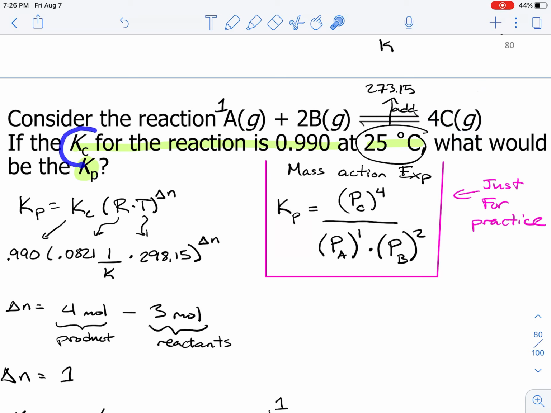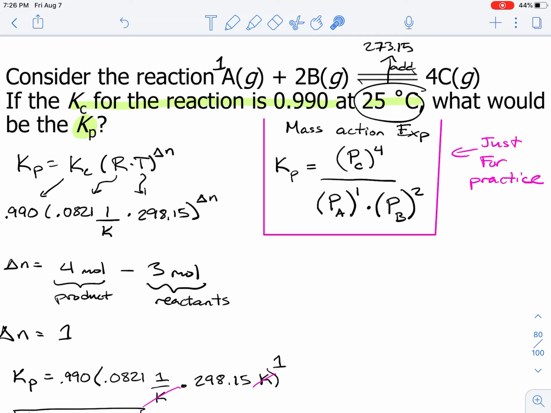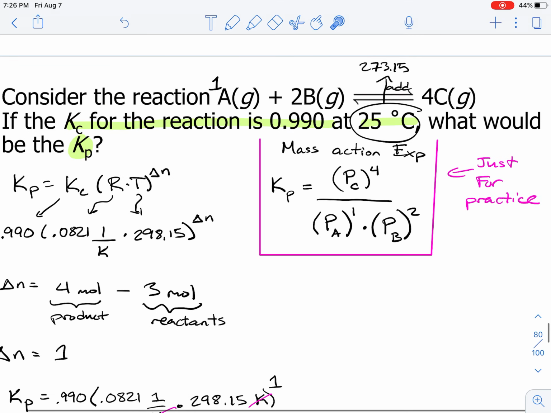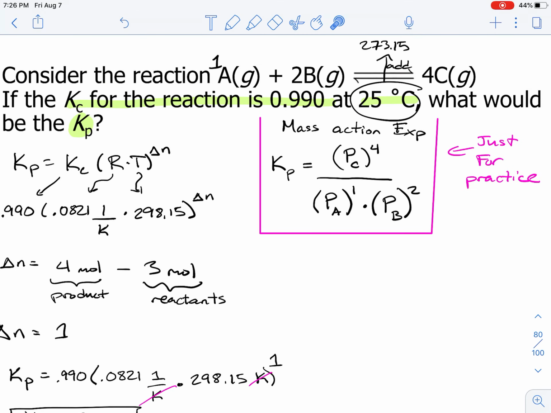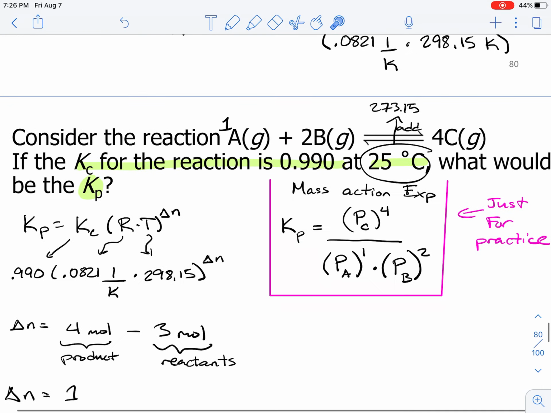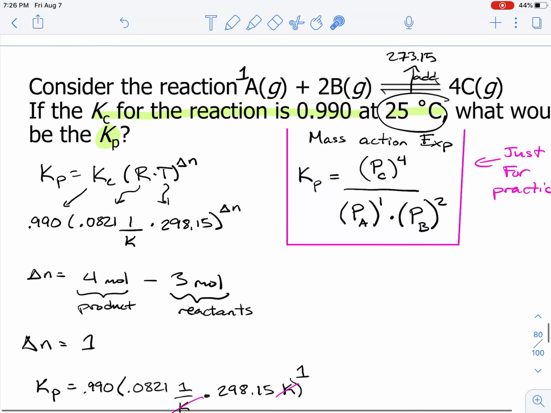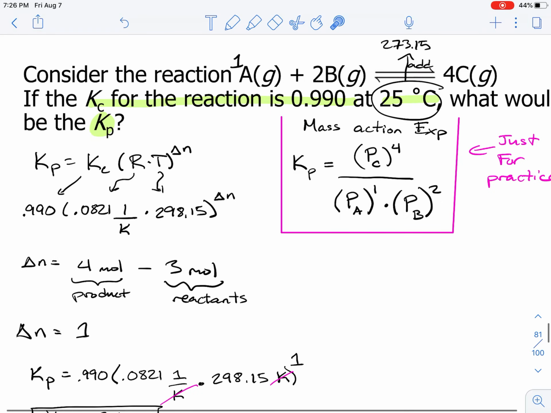Now, if we express the concentration as molarity, notice that the Kc value is roughly equal to 1. The values for Kc and Kp do change because the unit is a little bit different. One is in partial pressure and one is in molarity units. Even though pressure is proportional to concentration, the actual value for Kc and Kp is going to be different.